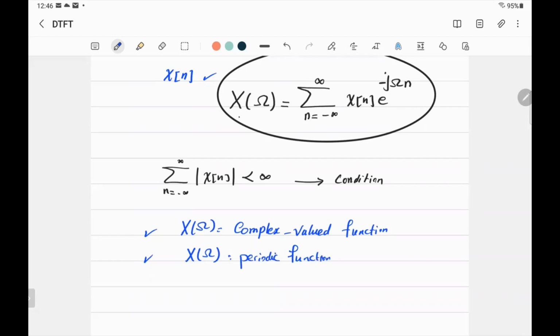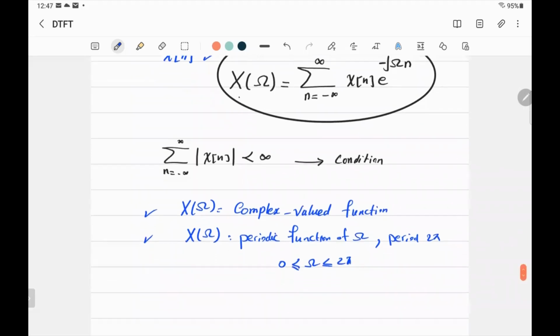Function of what? Omega. And what's the period? 2 pi. That's why when they define the spectrum, it's enough to define it over a 2 pi period. You can define it from 0 to 2 pi, or from negative pi to pi.